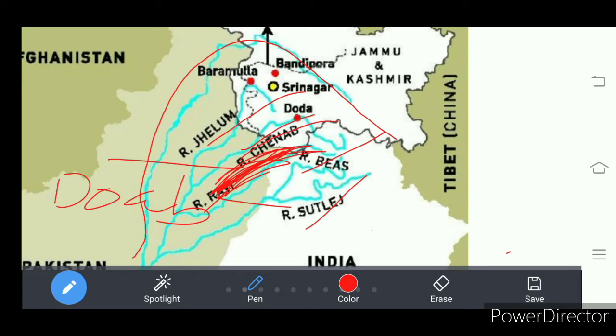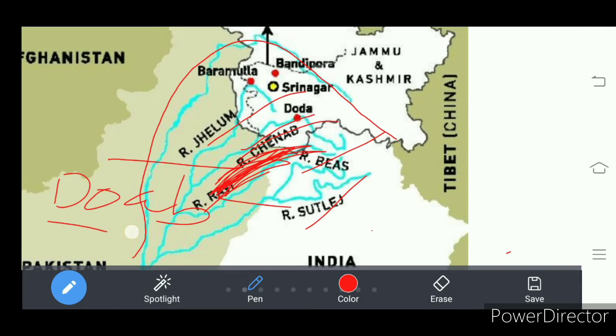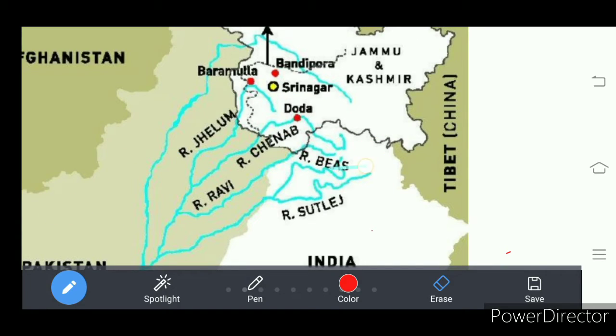Among the tributaries, we find Doab features, which are very fertile lands. What is meant by Doab? Do means two. Ab means river. The fertile place between two rivers is called Doab.